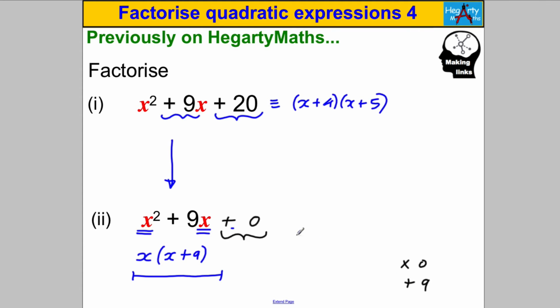And we know the only two numbers that do that are 0 and 9, because 0 times 9 is 0 and 0 add 9 is 9. So our brackets would be x add 0, x add 9. And mathematicians, x add 0 is just x. So a mathematician would just write this as x add 9, which is the same as we used to factorise.